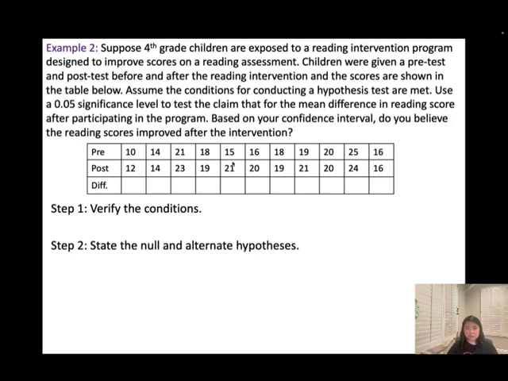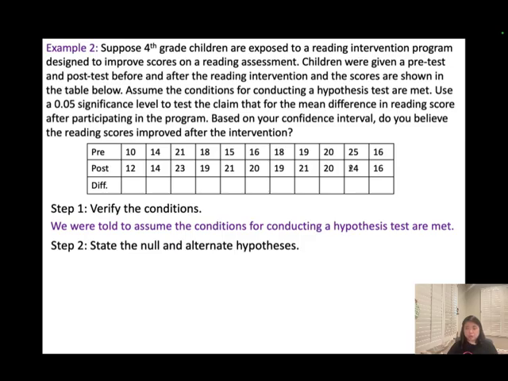So we do have 2 sets of data, and each data will come from the same person. Okay, so this is going to be the dependent sample. So first, verify the condition. We were told to assume the condition for conducting hypothesis tests are met. Okay, because they're saying that in here.